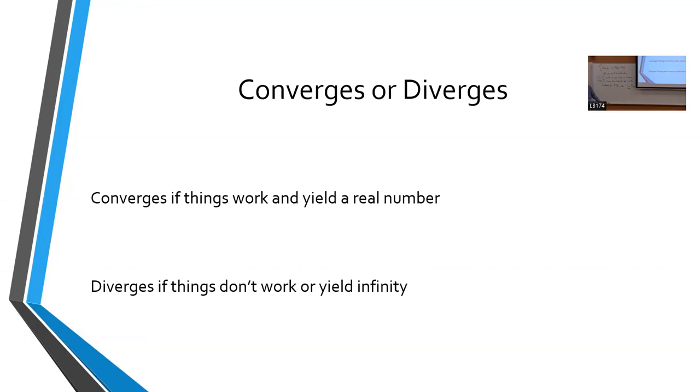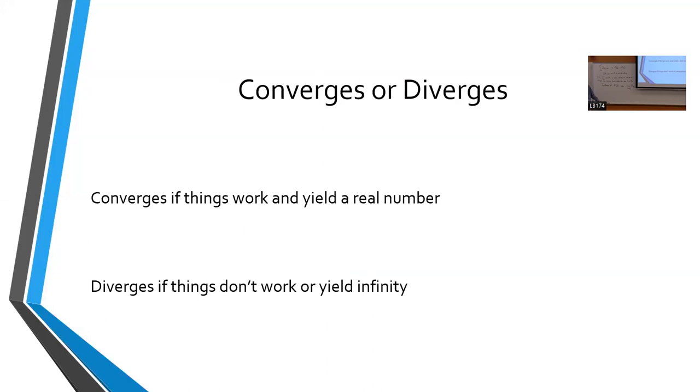If I do this whole process and I get something that's nonsense, or more likely that comes out as positive or negative infinity, then I say that my integration diverges.